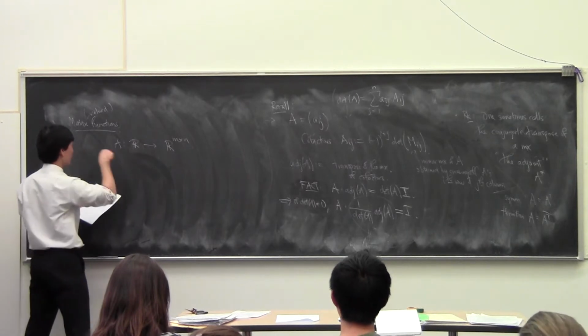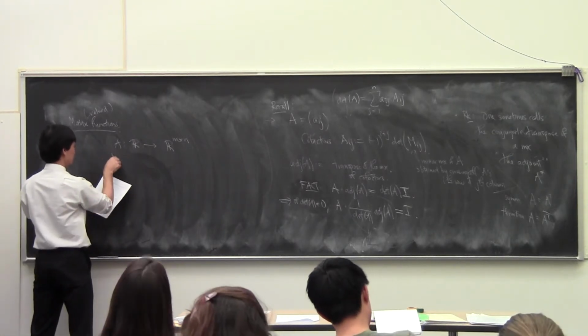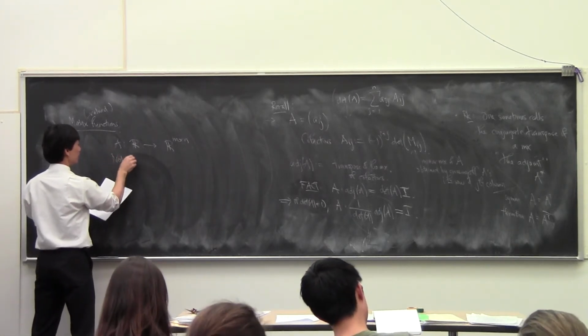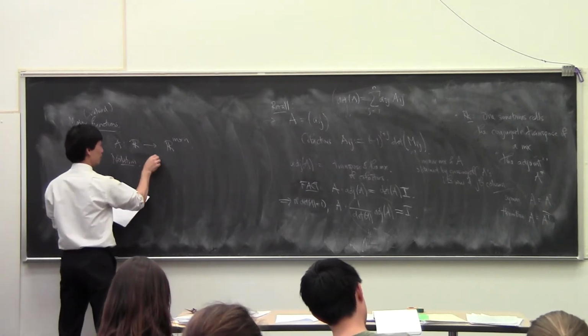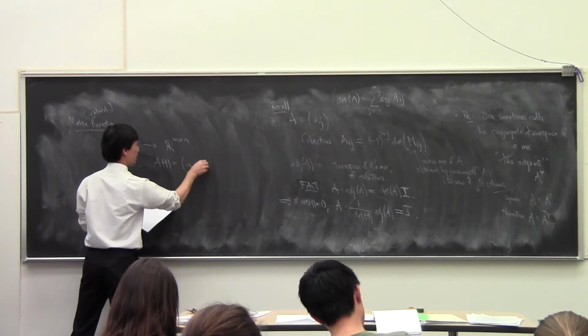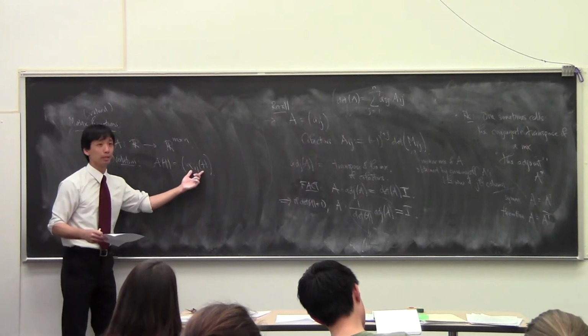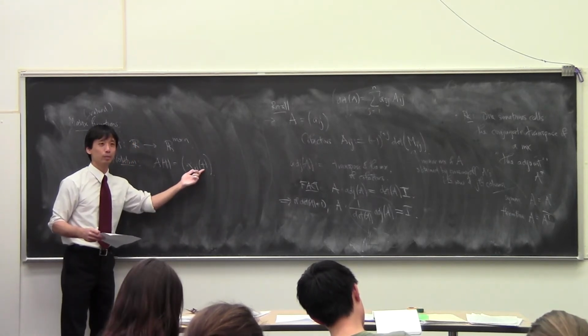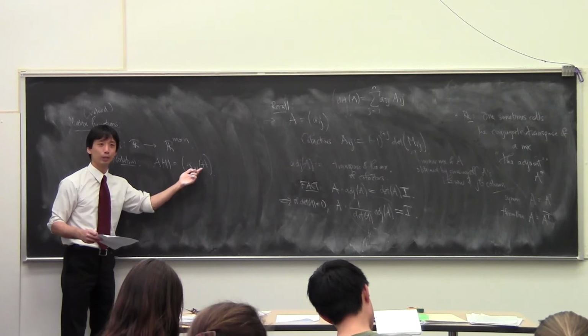Right? Okay. The notation for these guys is the obvious notation. We use alpha ij of t, right? So this is the ij entry function.